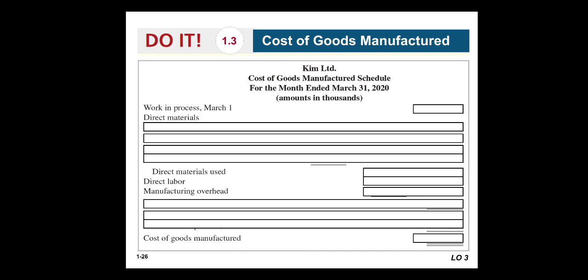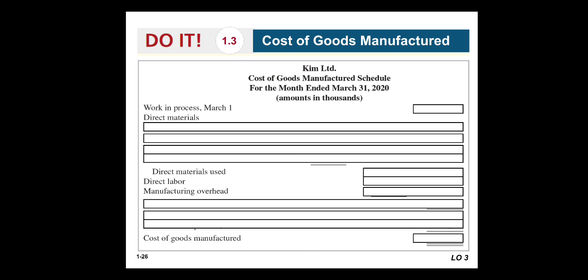Okay, so you put the number here. How much is the work in process beginning on March 1st, and then for the direct material, remember to calculate the direct material use, you have to show the beginning direct material plus purchases of the direct material and minus the ending direct material inventory.